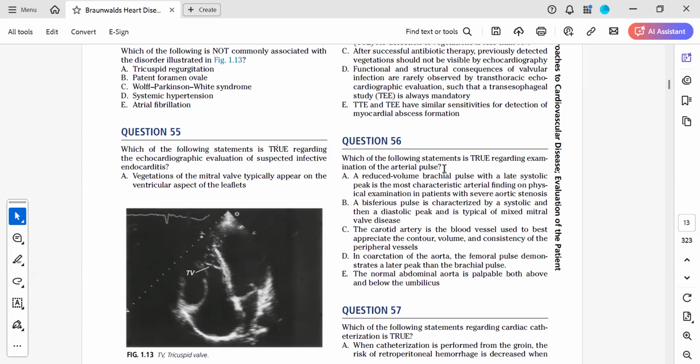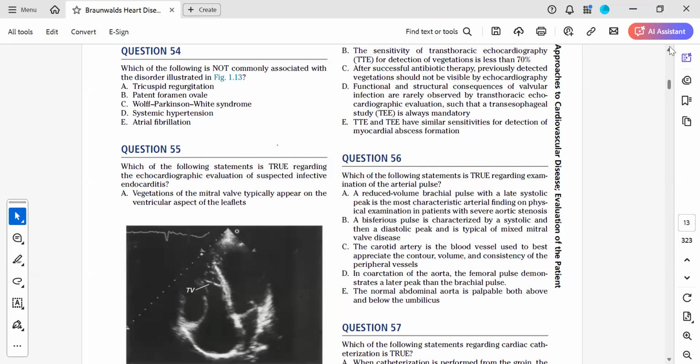So it's said that for mitral and tricuspid, infective endocarditis appears more on the atrial side, while for the aortic and pulmonary, it occurs more on the ventricular side. So for this option, for mitral valve, the answer is false because it occurs more on the atrial side, which is the lower pressure side of the chamber.